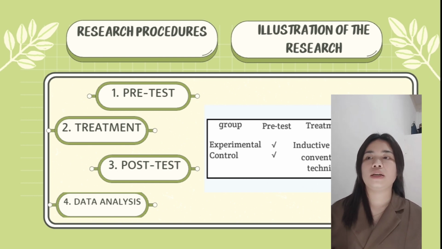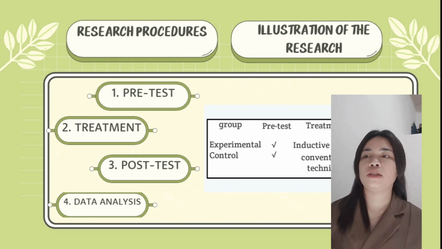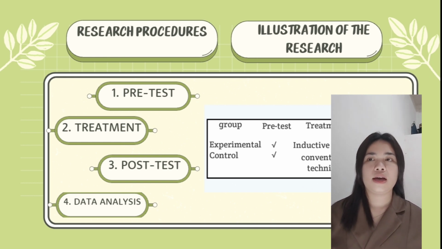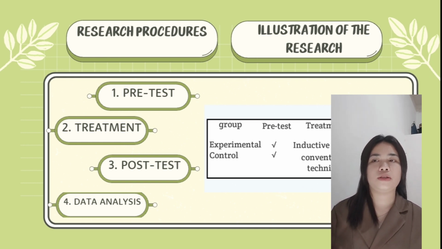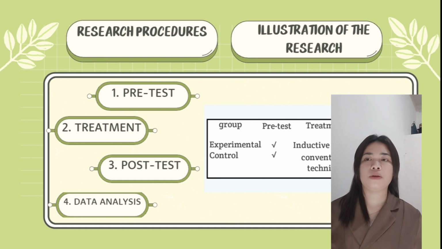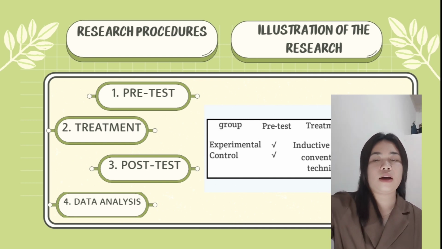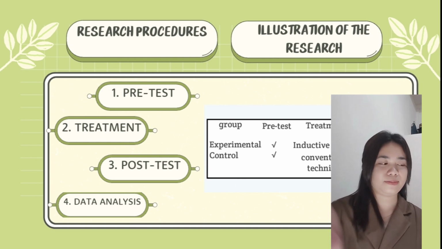Meanwhile, the control class will be exposed to conventional learning methods. The third is the post-test. After treatment, the experimental and the control class will be given a test about simple present continuous to remeasure student achievement after treatment.